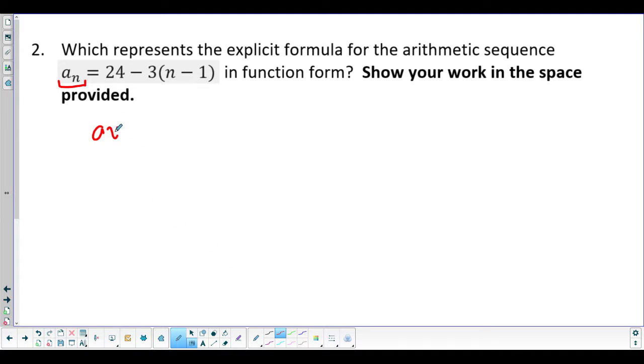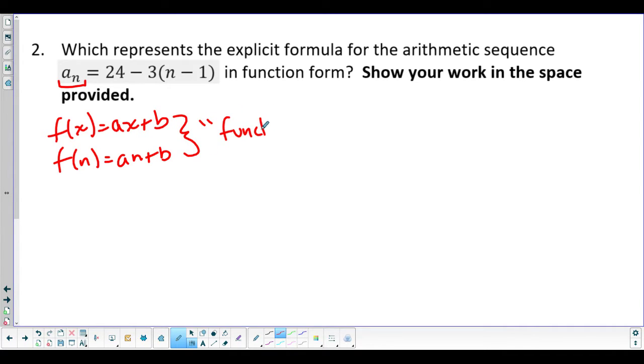We just changed the variable from x to n because we're dealing with sequences, and for some reason, we use n for sequences. But all in all, what we want is just something in the form of f of x equals ax plus b, or f of n equals an plus b. This is quote unquote function form, the general form of a linear equation that I want to see.